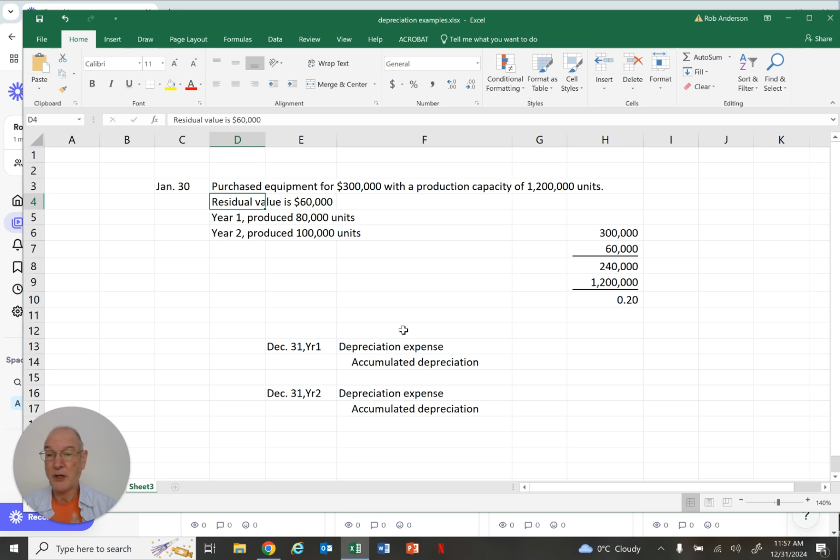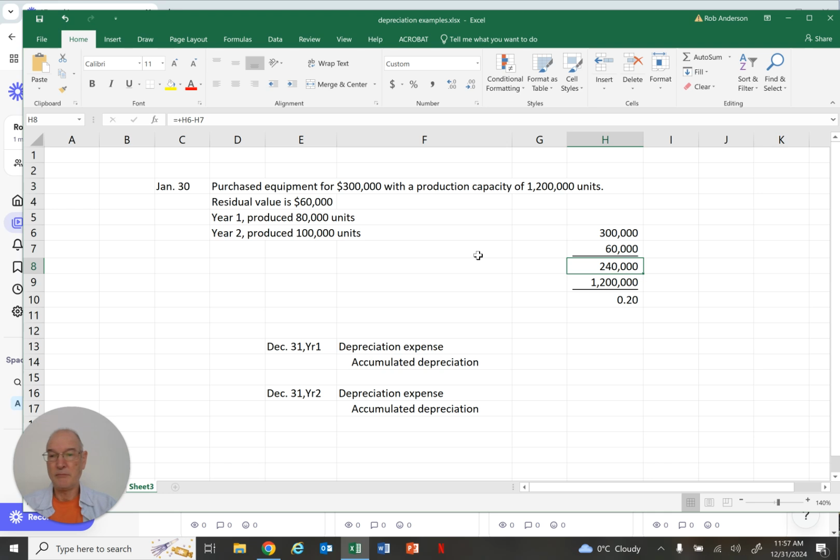And before we start to calculate depreciation, what we need to do is find the amount of depreciation for one unit. So let's start with our 300,000, and similar to straight line depreciation, we're going to deduct the residual value first. So we're going to take away that 60,000 residual, leaving us an amount to be depreciated of 240,000.